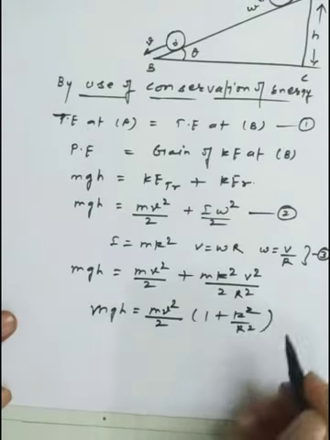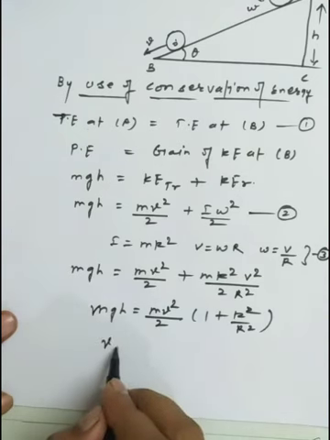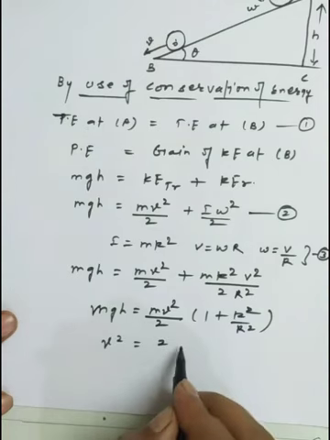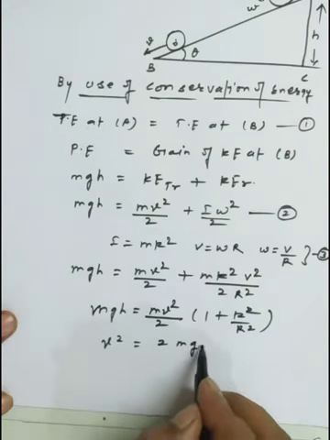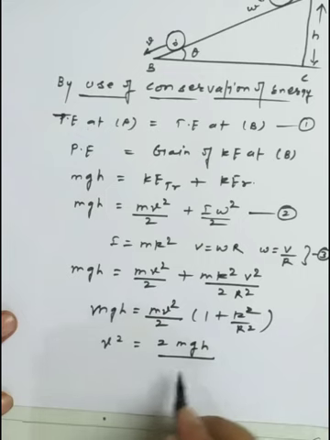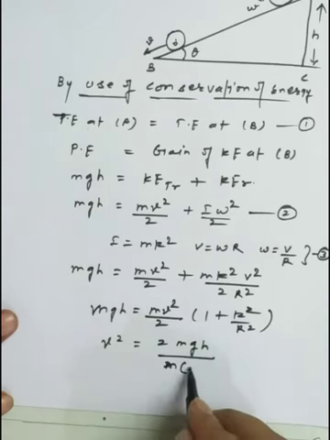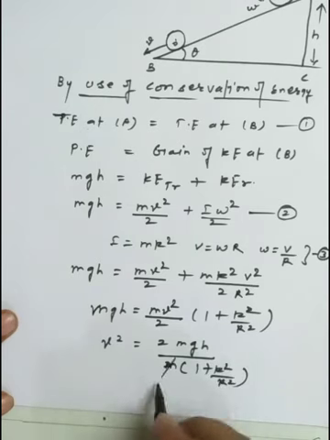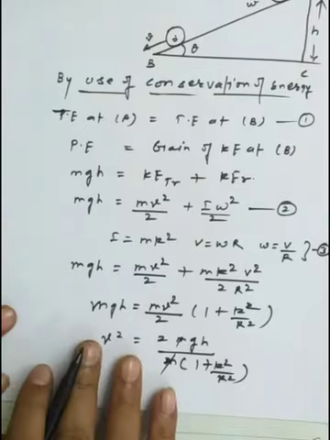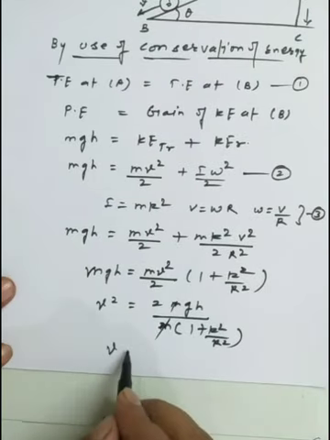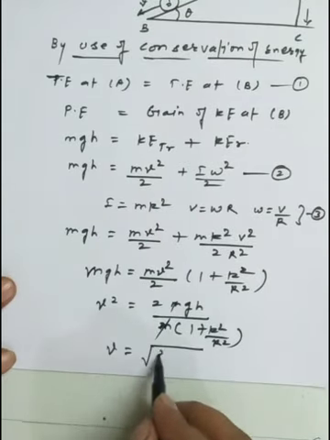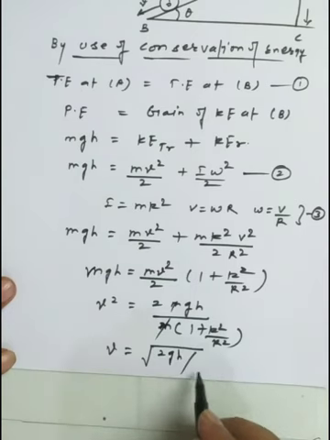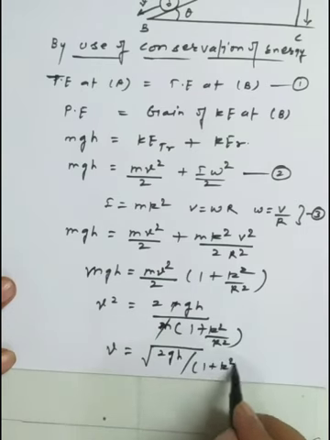So v square is equal to 2gh divided by (1 plus k square upon r square), the m's cancel, and taking the under root, v is equal to under root of 2gh divided by 1 plus k square upon r square.